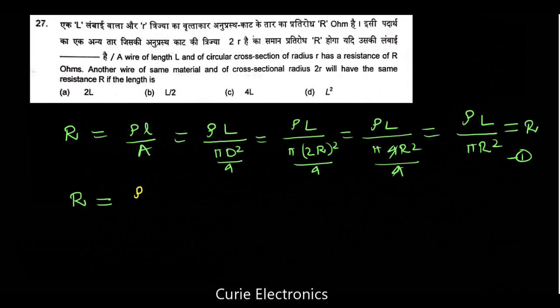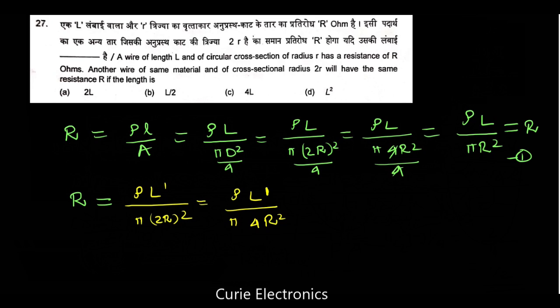Rho, this L dash is the new L. And here the radius is changing, it is going to be 2r. So pi into 2r square. If you simplify, rho L dash upon pi 4r square.